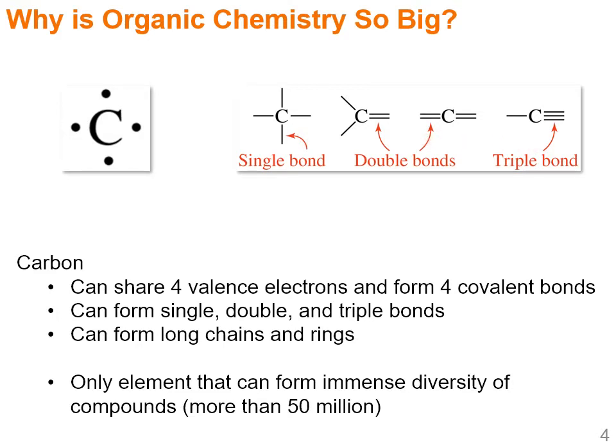This is the only element that can form, currently known, more than 50 million compounds. It can form long chains, it can form rings, it's very diverse. We are going to touch only a small portion of organic chemistry in this chapter.